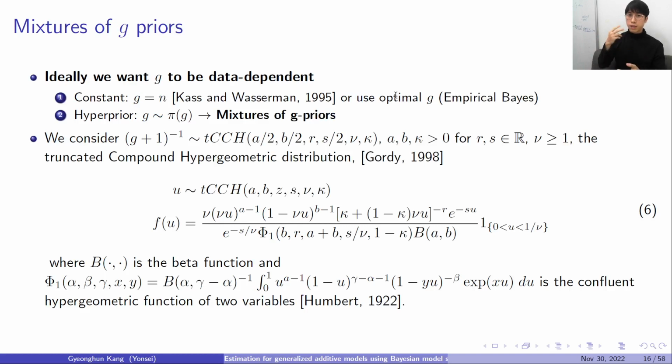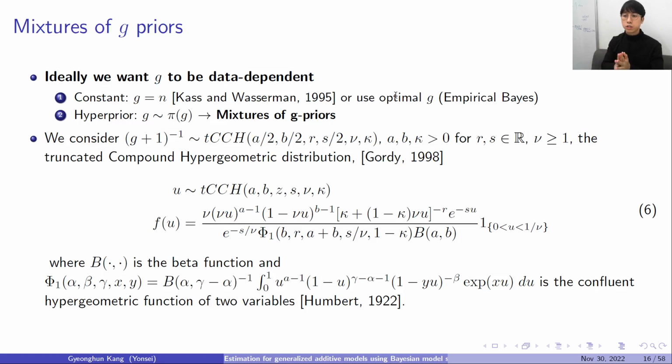There are two methods for that. First is to use a fixed value of G. The most common way is to set G equal to n, which is suggested by Kass and Wasserman, and it is called the unit information prior. This has been the most popular method in the literature when Bayesian model selection is used for non-parametric regression.